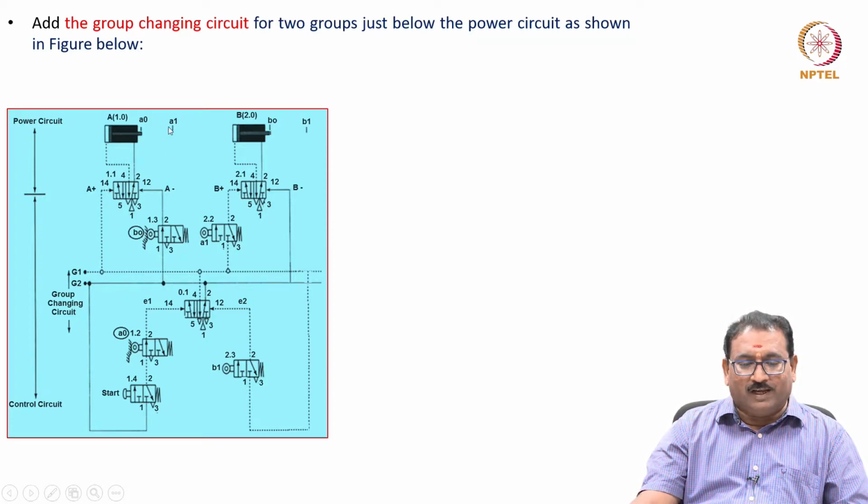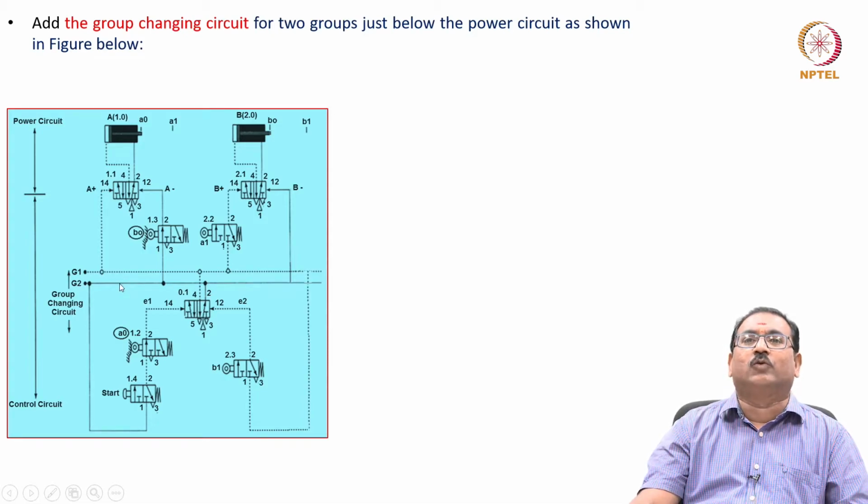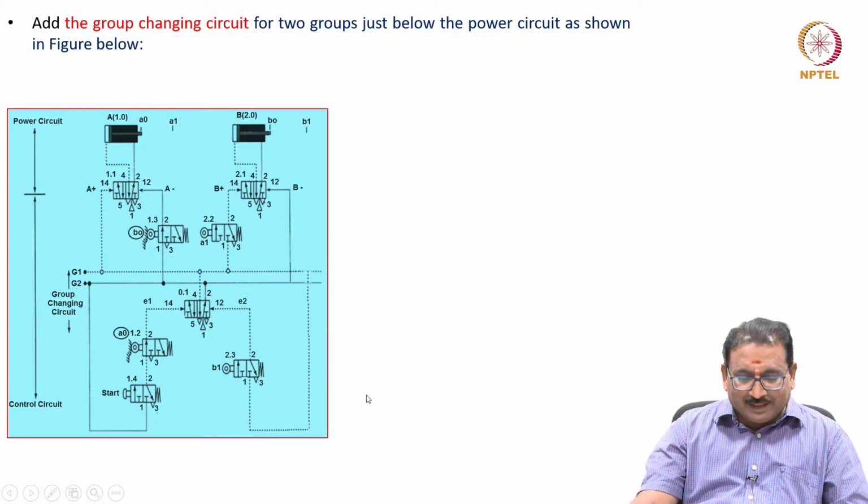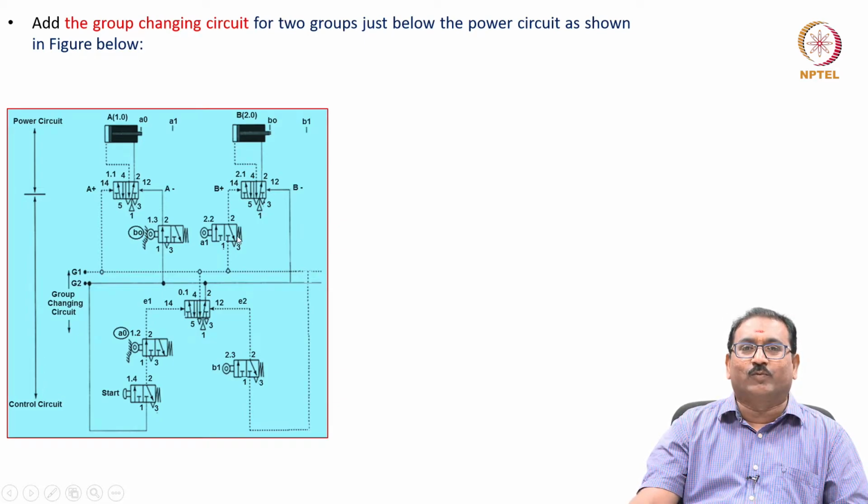Because after A extends, as you will see how to draw, cylinder B should extend, B plus should happen. After B1 is reached, B minus should happen. One more very important thing is that point 1 is a very important valve which will change from the G1 to G2 group. Let us see, friends, how this pneumatic circuit will work.